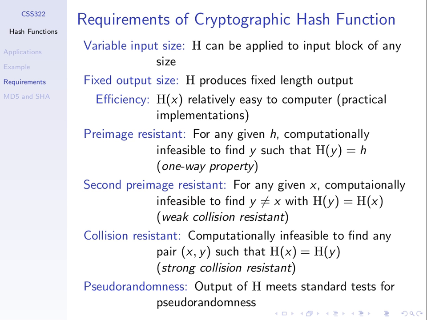They are the three main properties which we require for a strong cryptographic hash algorithm. The other thing that we'd like is that the output of the hash function produces a random output so that it equally distributes the hash values.